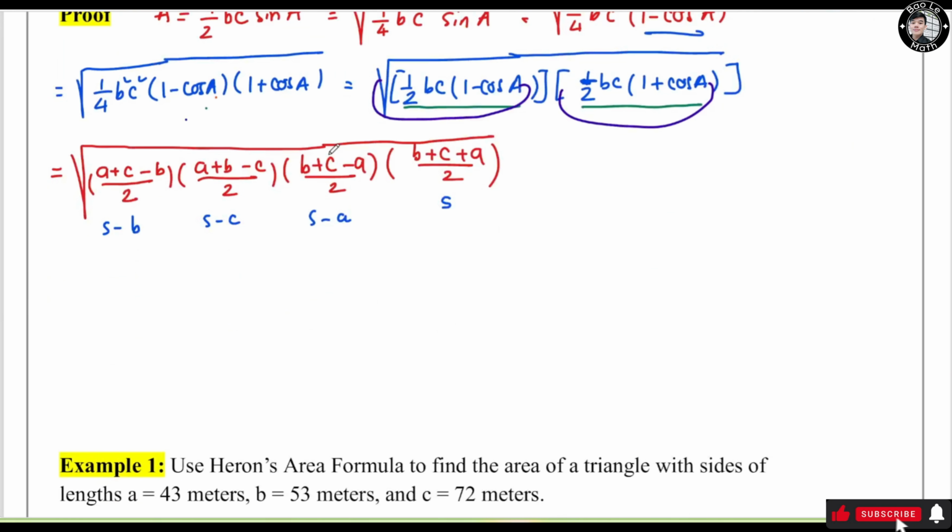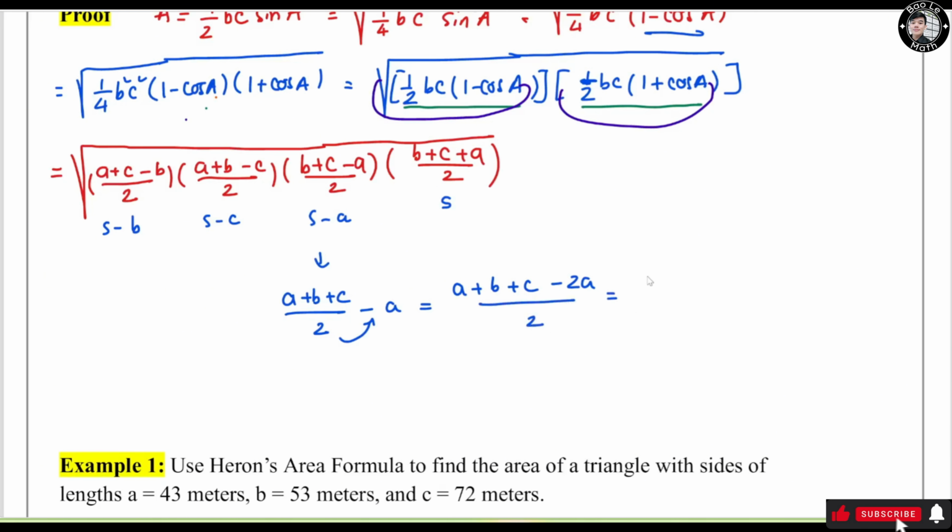Now I'm going to prove one case. Why do we have this one? It means s, which is (a plus b plus c) divided by 2, and I subtract a. I need to rewrite this with the same denominator, so it's (a plus b plus c) minus 2a, divided by 2.